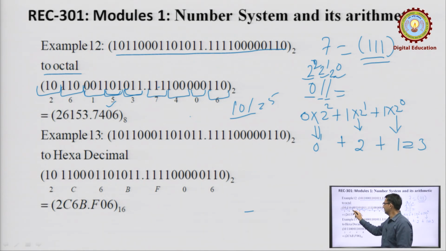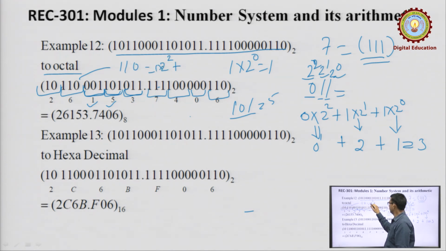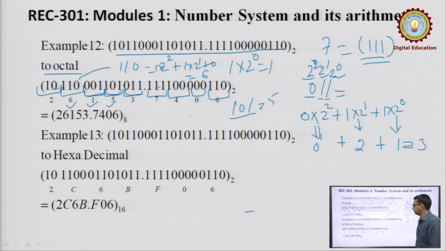This LSB is just 1, it means 1 into 2 to the power 0 is equal to 1. So, this is 1. Then 1 1 0 means 1 into 2 to the power 2, plus 1 into 2 to the power 1, plus 0, which is 6, okay. So, 6 is here, and then this is 1 0, it means this is 2, okay.